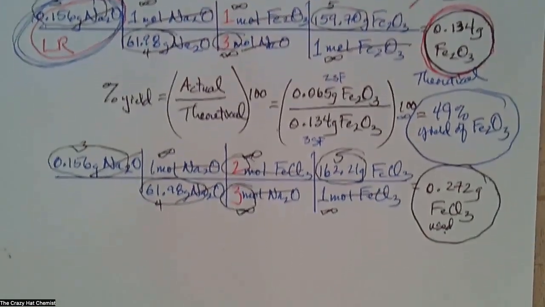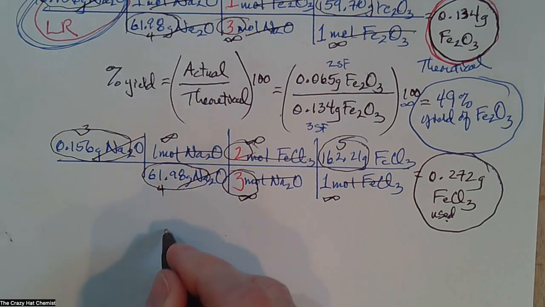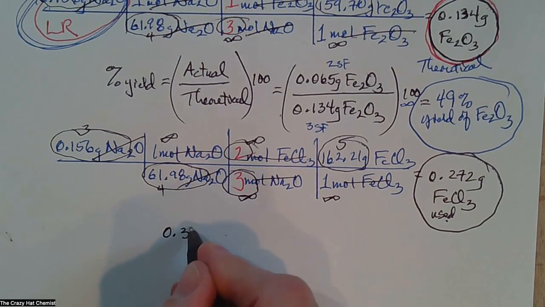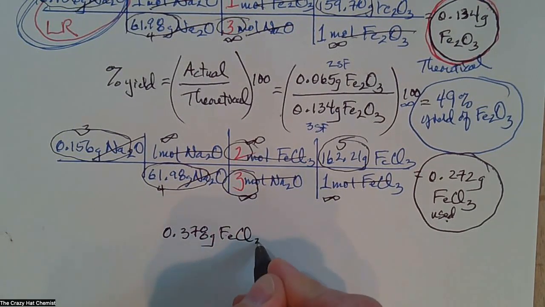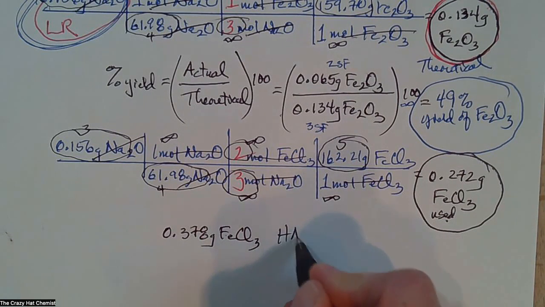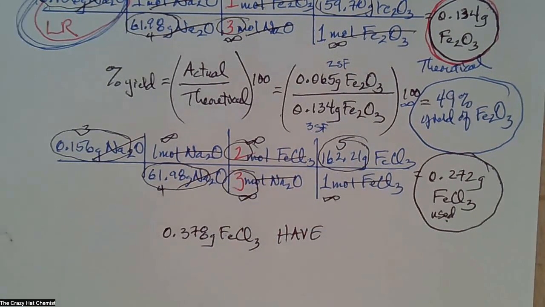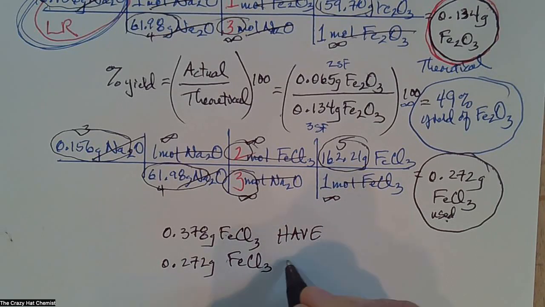So we're going to move this up right over here, and we're going to say that we have 0.378 grams of ferric chloride, and this is available. This is how much we have. Okay, and how much did we use? 0.272 grams of ferric chloride. This is how much we used.